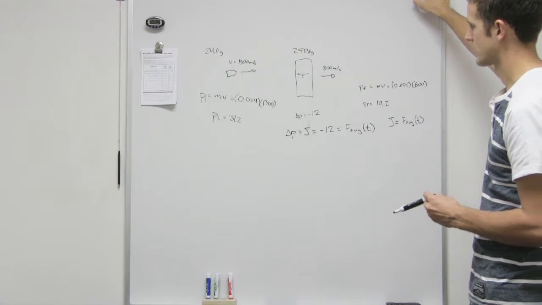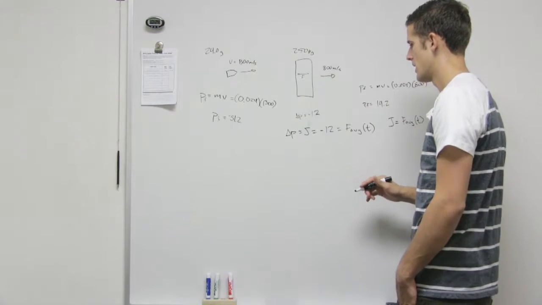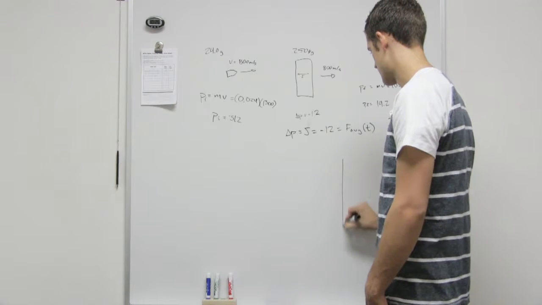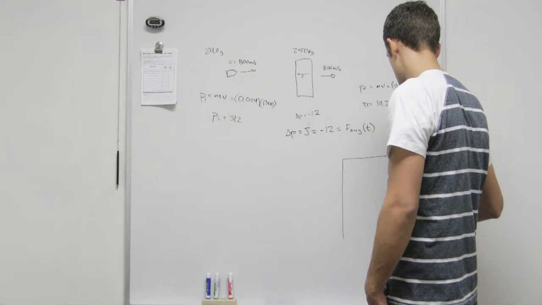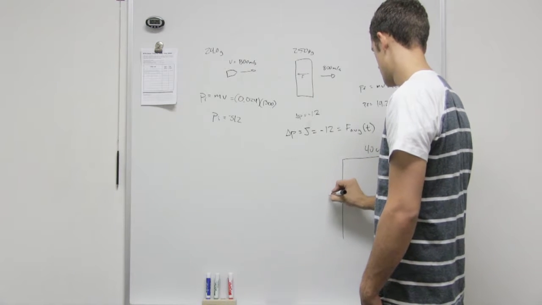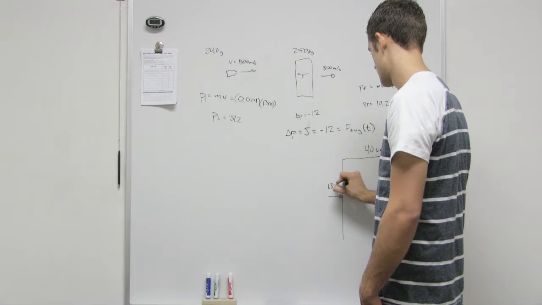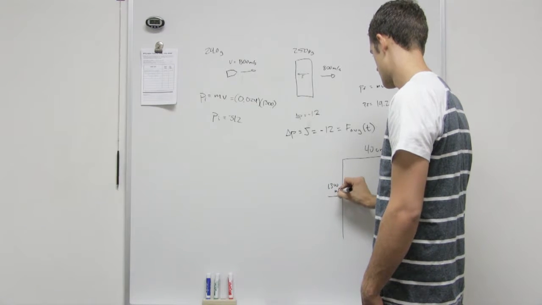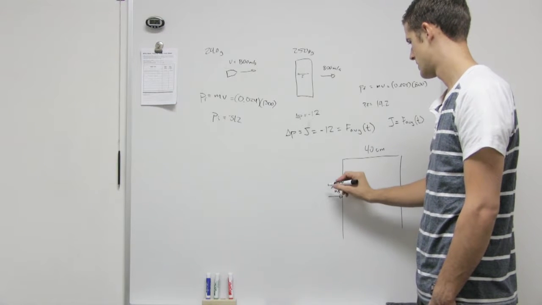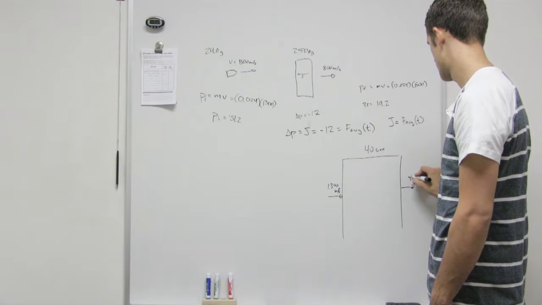But if you think about this from a kinematics perspective, what happens is it enters the target, and this is 40 centimeters. So this is your initial velocity, 1300, and your final velocity is 800.